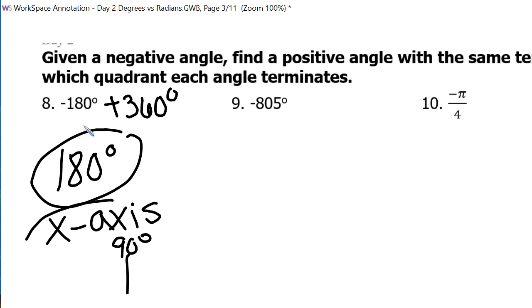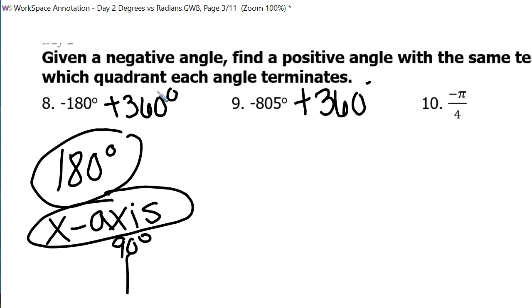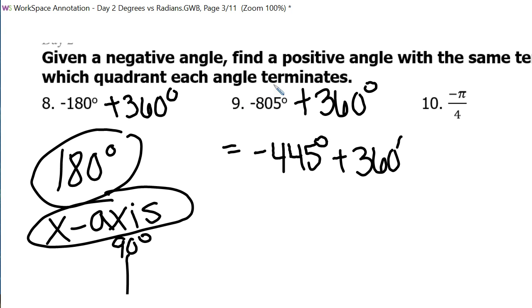Number 9, to find the positive angle, add 360 degrees. And what's negative 805 degrees plus 360? Negative 445. Yes. Add another 360 degrees, because we need a positive. If you don't get a positive, keep adding 360 until you get to a positive angle.